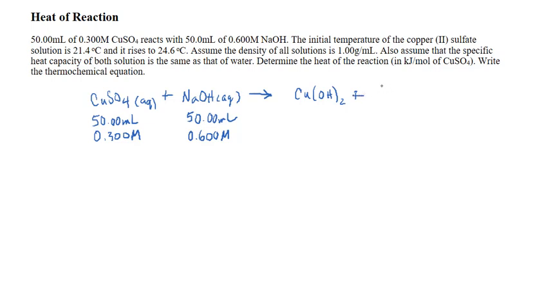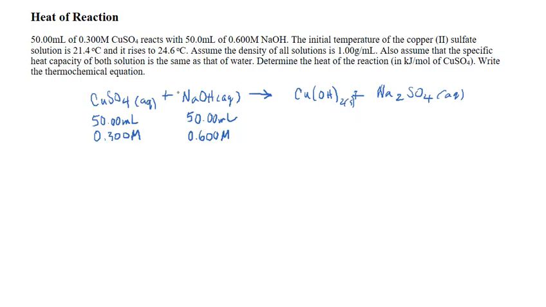The second product is going to be sodium sulfate, Na2SO4. In deciding which one of these is going to be a precipitate, we can look at the simple solubility rules that tell us that the alkali metals will be in compounds that are always soluble, and so this leaves this to be a precipitate.